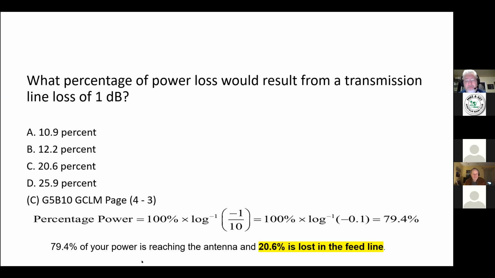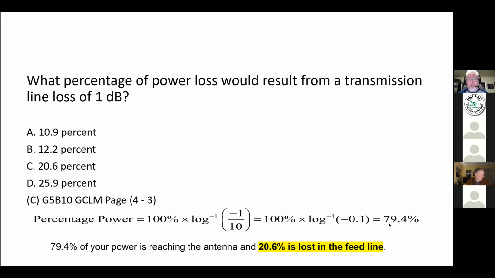So the actual loss is, you take the -1 and it ends up being 20.6%. So what I added was the math on page 4.3, and they're solving for the percentage of power and then subtracting that from 1.